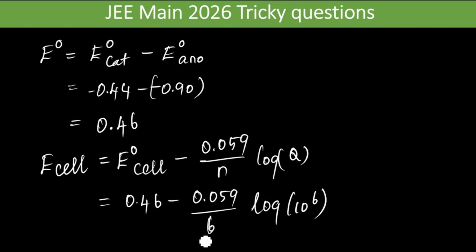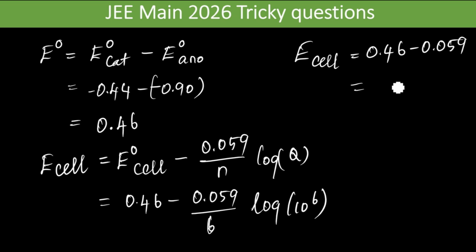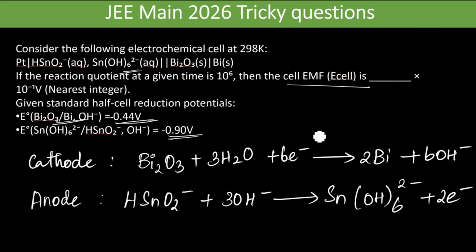The 6 and 6 cancel each other, remaining E cell is equal to 0.46 minus 0.059, that is nothing but 4 into 10 to the power minus 1. In the question they have given dash into 10 to the power minus 1 volts. The answer is 4.